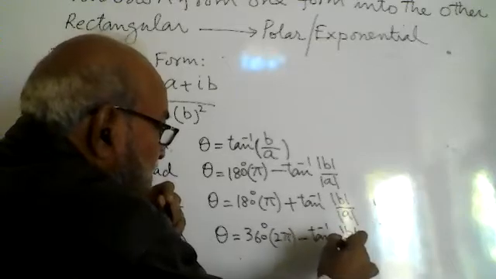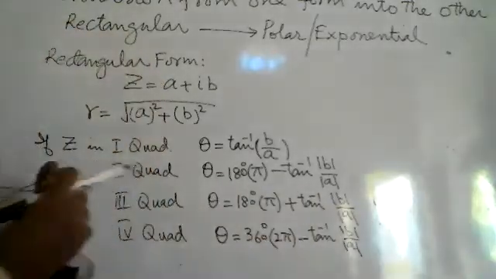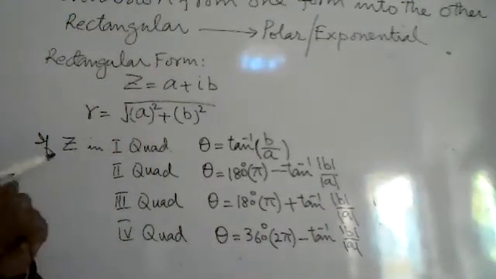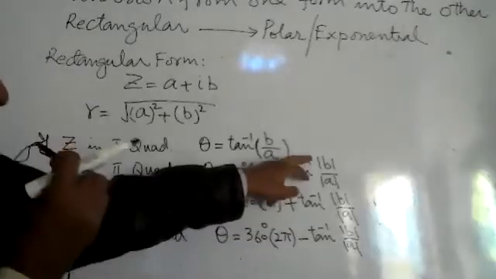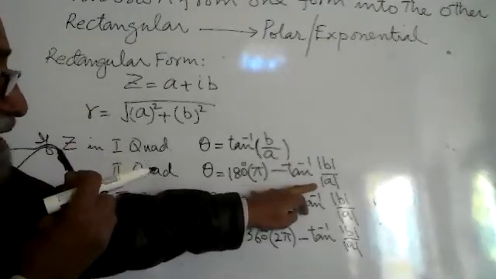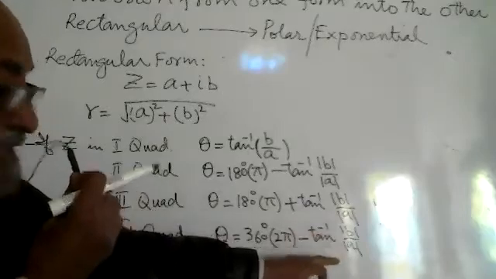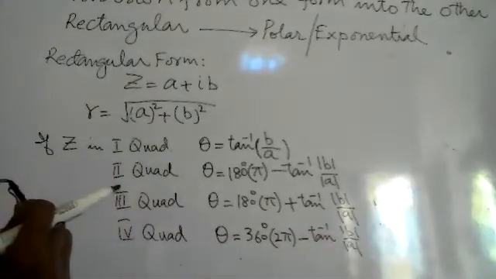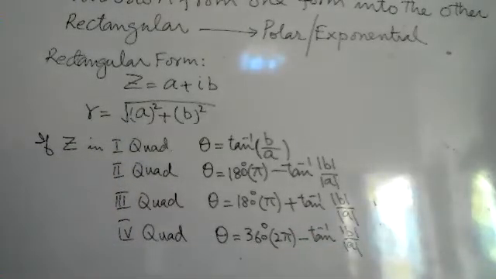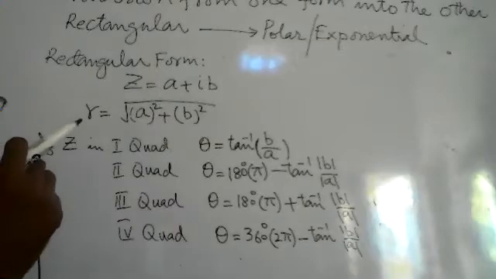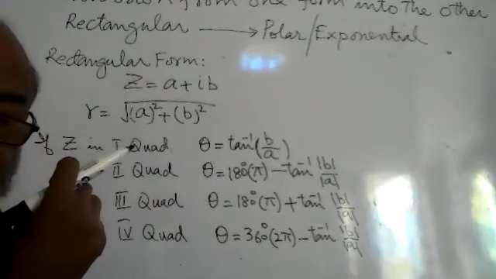Here also, whenever you are finding tan inverse, b and a must be positive. The imaginary part divided by the real part. Both parts must be positive.